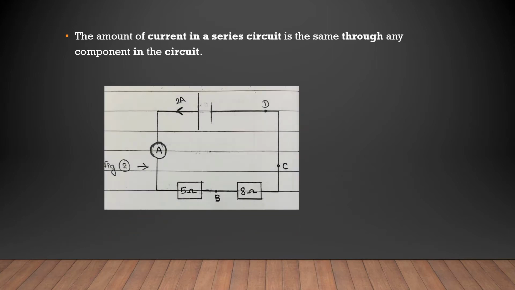See the figure. Here 2 ampere current is coming. We have two resistors here, 5 ohm and 8 ohm. So for the entire circuit, the ammeter will read the current 2 ampere. That means the current is the same through any component in the circuit.